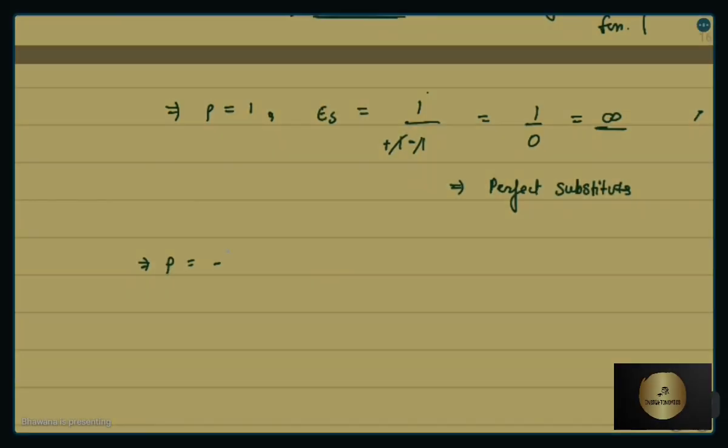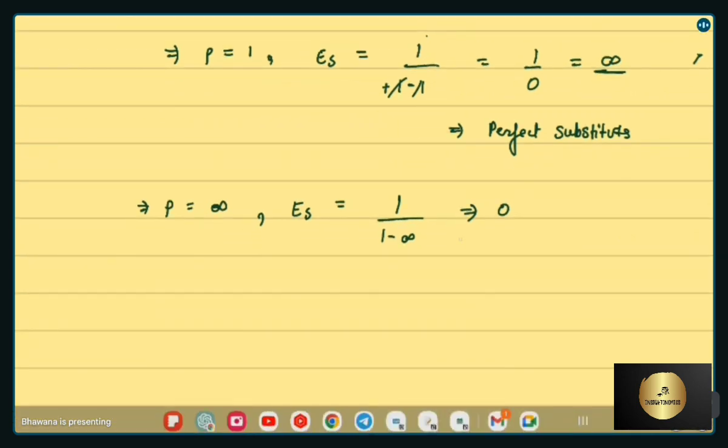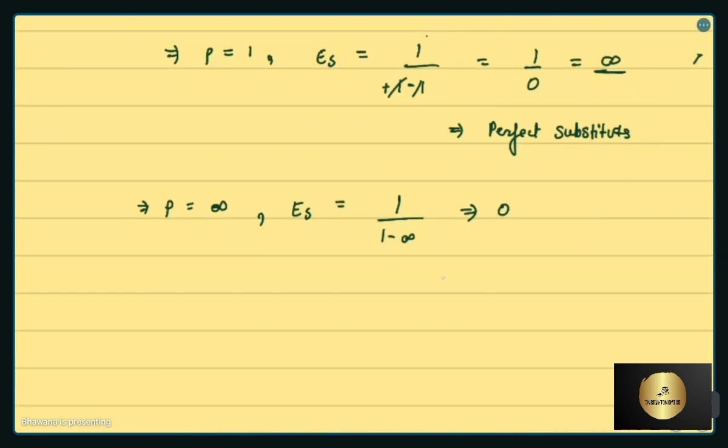Okay, but if you put rho equals to infinite, in that case you will get ES equals to 1 by 1 minus infinite. Now if you divide by infinite, you will get 0. So in this case, elasticity of substitution is 0. So this is the case of perfect complements, that your good x and good y are perfect complements to each other.